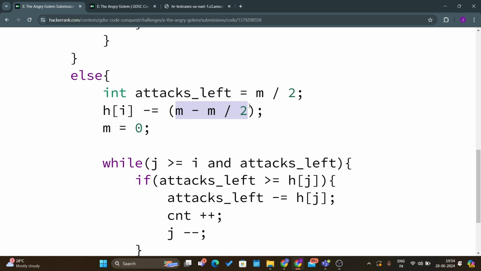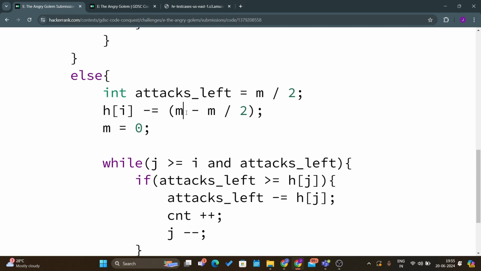Why are we writing m minus m by 2 and not directly m by 2? Because you may ask, m minus m by 2 is equal to m by 2, right? m minus m by 2 will be equal to m by 2 in case of even m, but in case of odd m, that may not be the case.